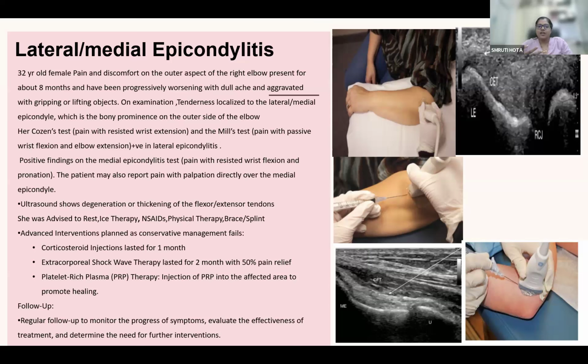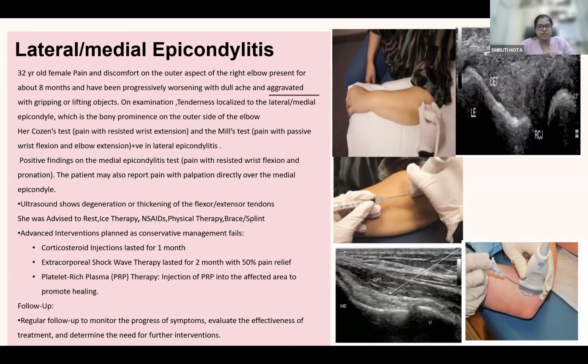Then if that is not treated with conservative management, you can try a corticosteroid injection. Usually most of the patients get corrected with the peritendinous corticosteroid injection. Another treatment is extracorporeal shock wave therapy, which also gives good results in these cases, usually around 50% results.